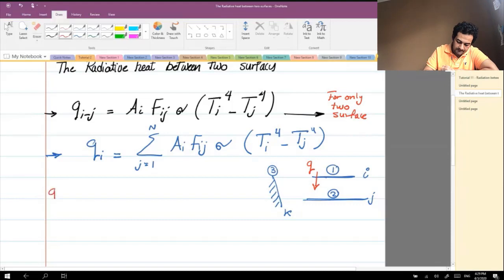So Q_1 is going to be equal to Q from 1 to 2 plus Q from 1 to 3.